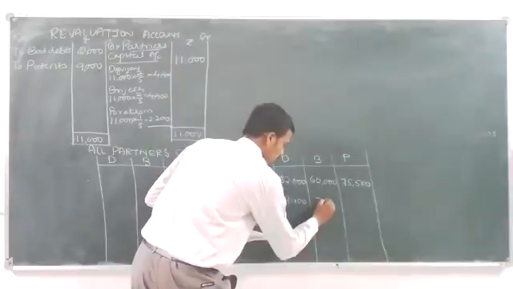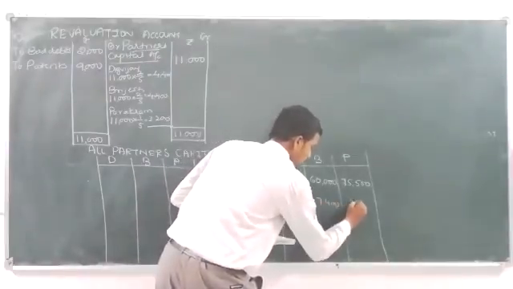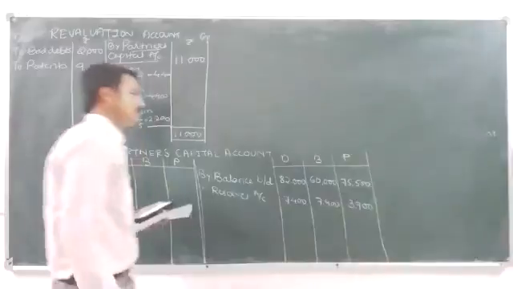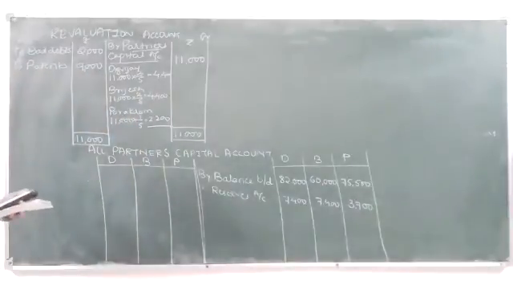Here also 7,400, and this will be 3,700.